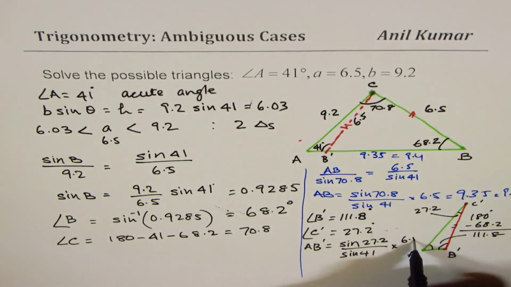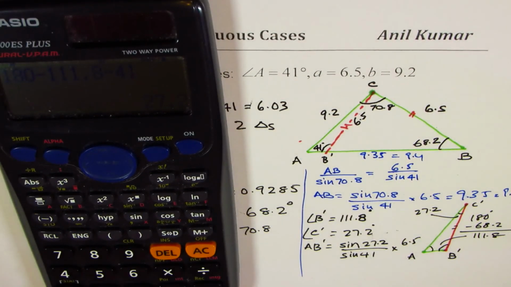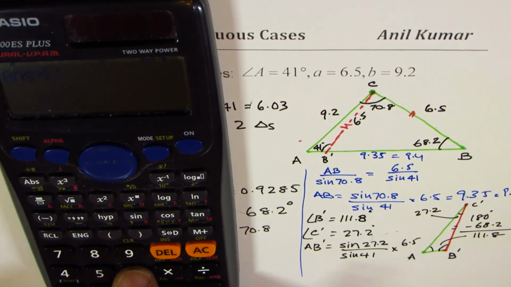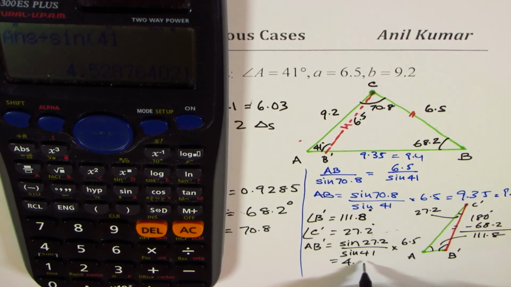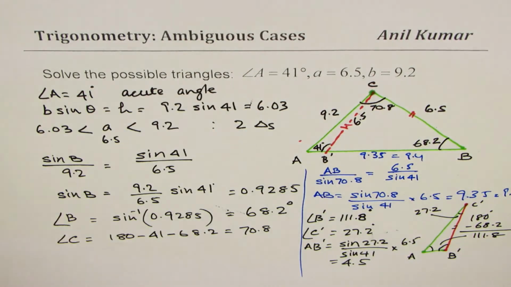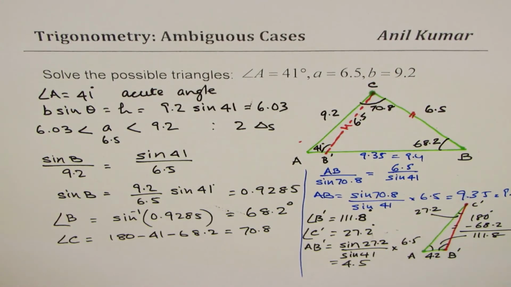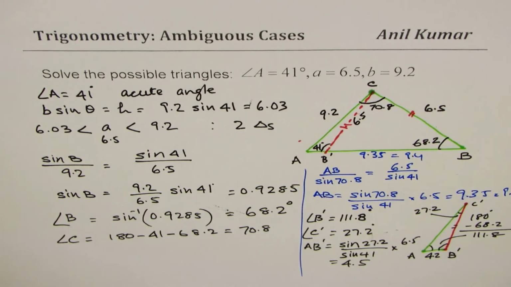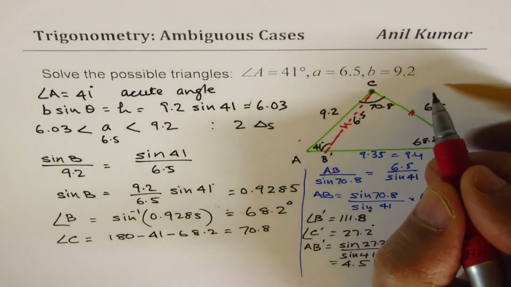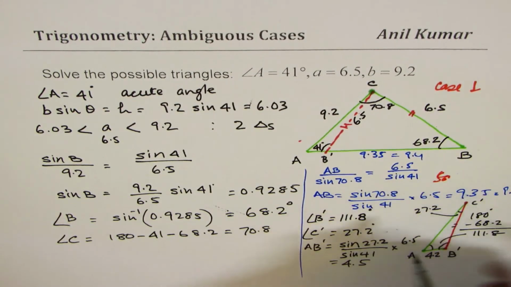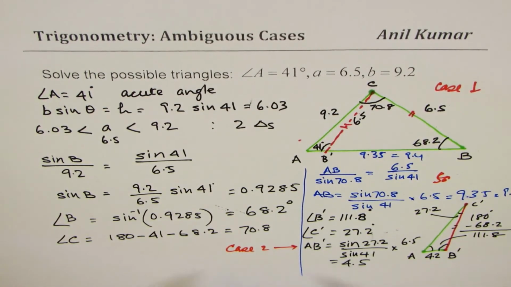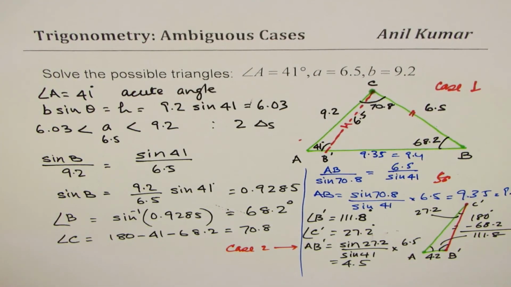So let's calculate: sine of 27.2 times 6.5 divided by sine of 41 equals 4.52. So we'll write 4.5. So this is the second triangle. We find that in this particular case we do have two triangles. That is case 1 and this is case 2. So that is how you could solve both the cases.